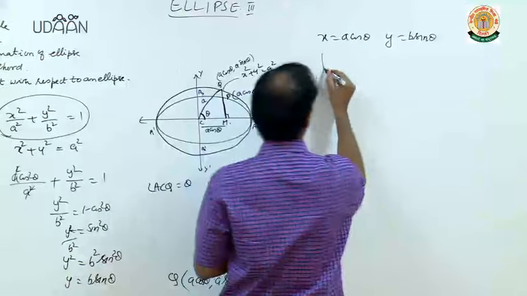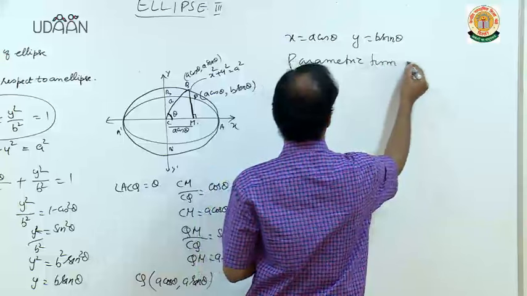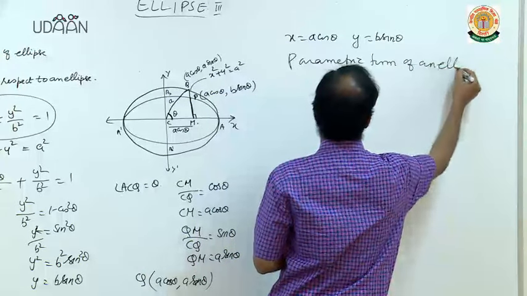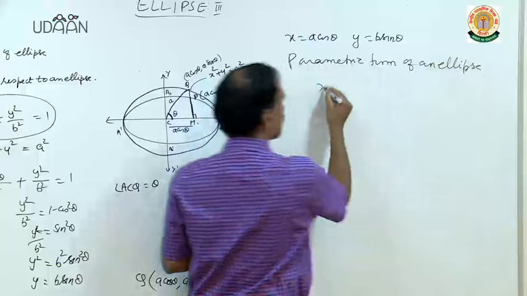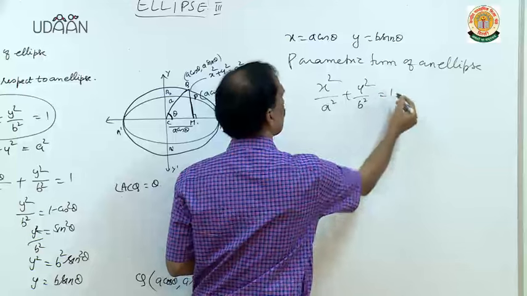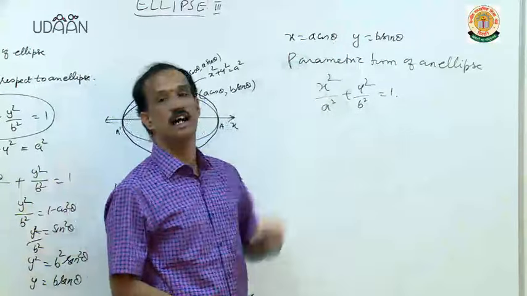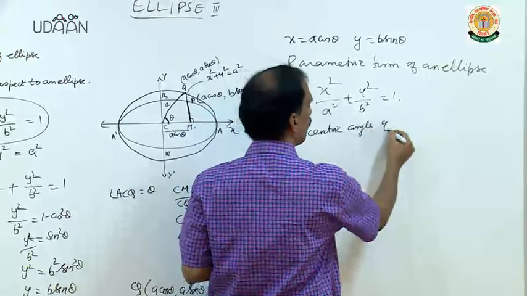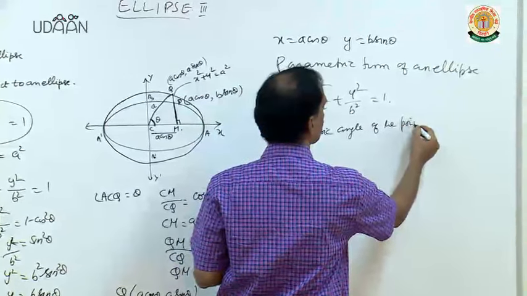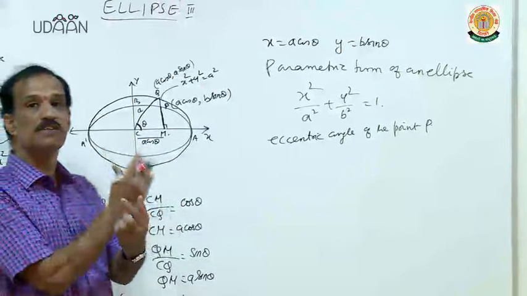This is your parametric form of an ellipse, x square by a square plus y square by b square equal to 1. And this angle theta is called the eccentric angle of the point P. Each point will have a different eccentric angle.